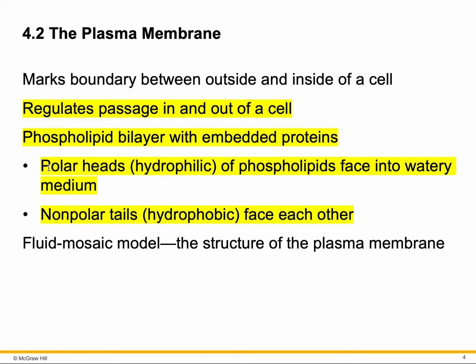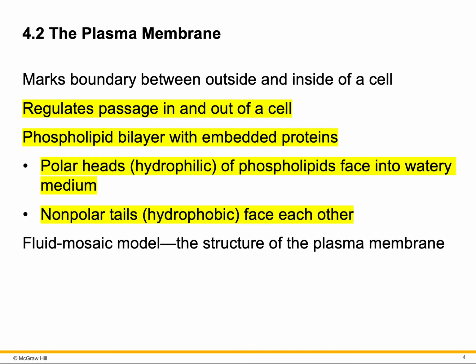When we say something is polar, that means that it's okay with water, and the scientific word for that is hydrophilic. Hydrophilic is water loving, or it likes water, and that's also polar. Non-polar is water fearing, water hating, and the scientific term for that is hydrophobic.